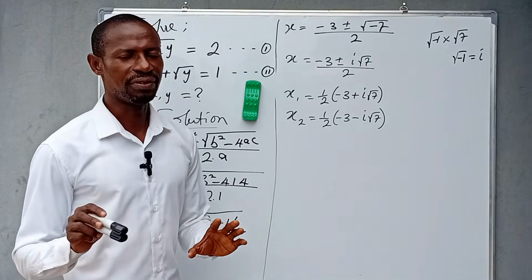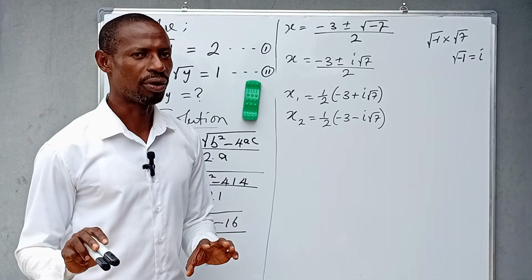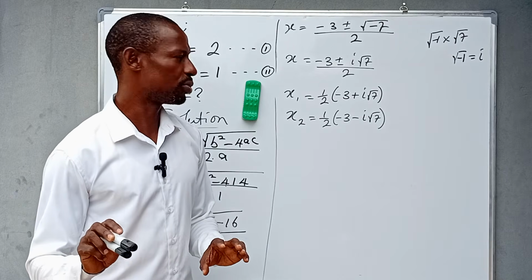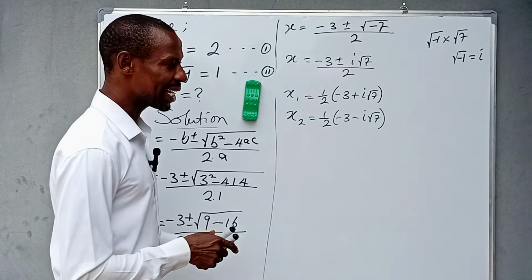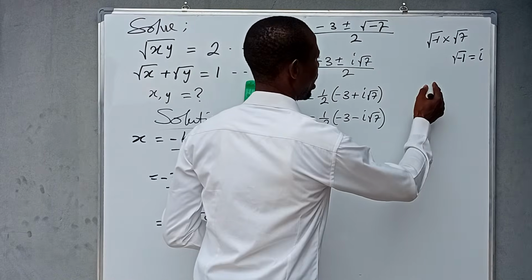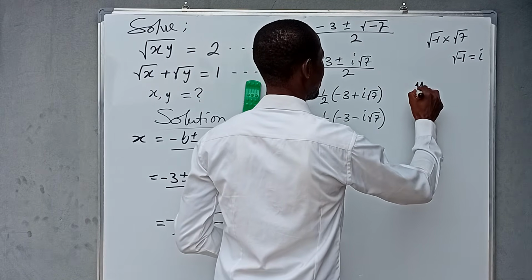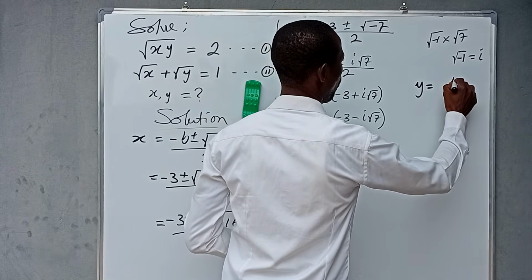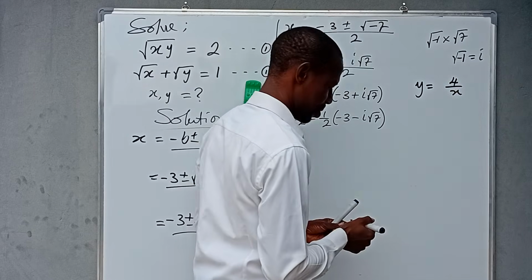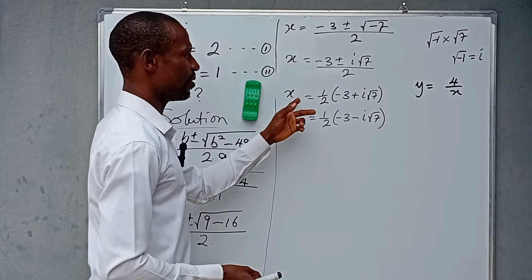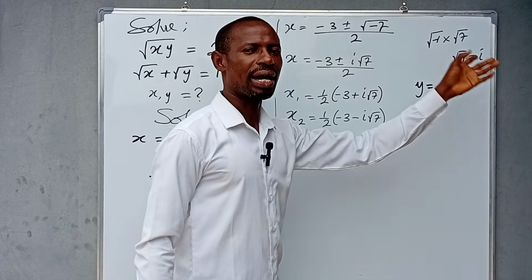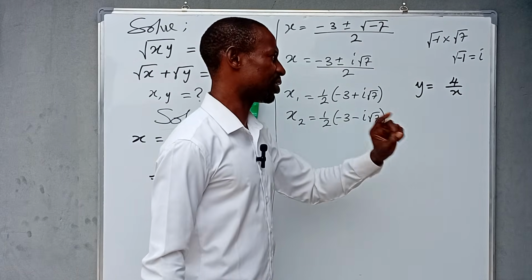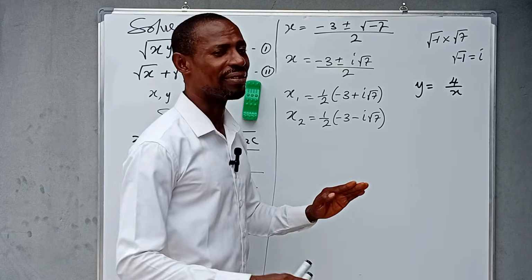All right. Now I'm going to give you a tip for solving for the other root, which is the value of y. Remember from our equation, we have y is equal to 4 all over x, right? Since we solved for the value of x, we can put in the value of x here, then carry out rationalization. If we rationalize the denominator, we're going to have an answer.